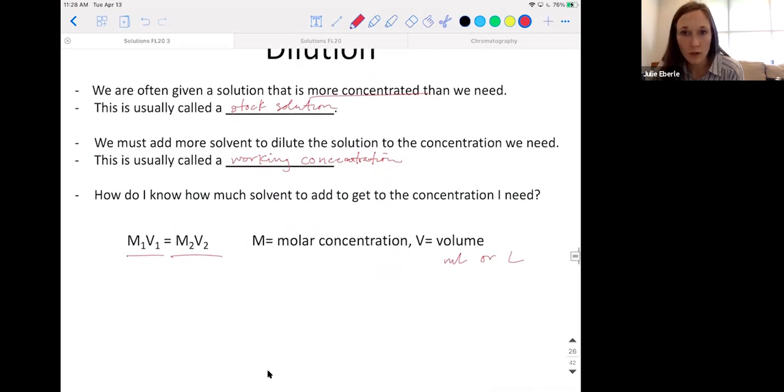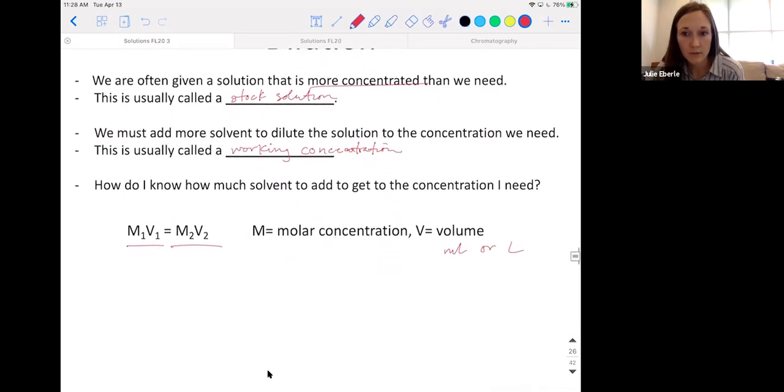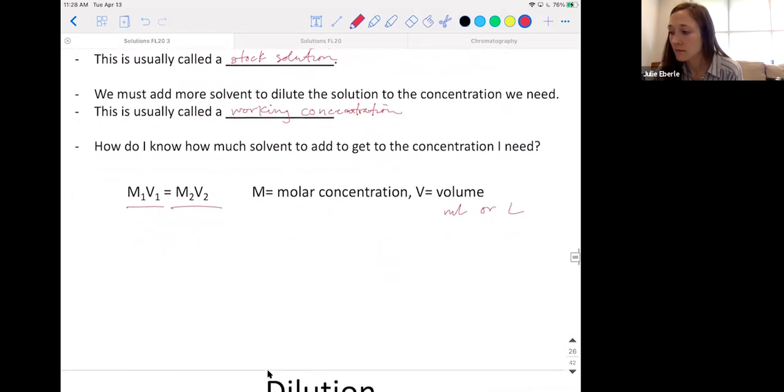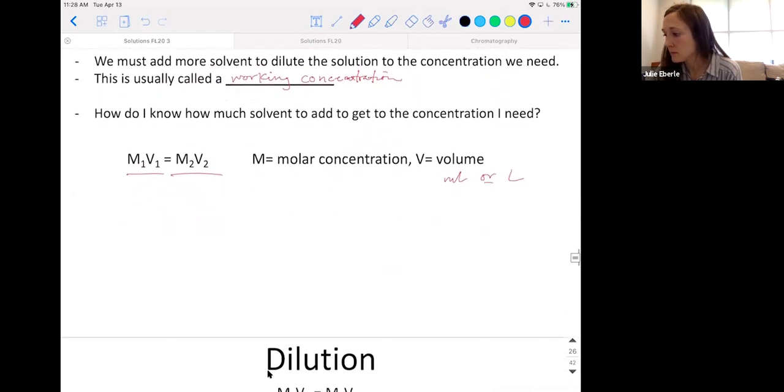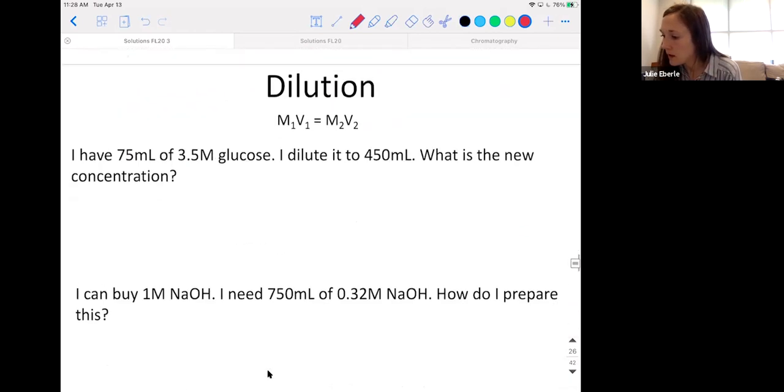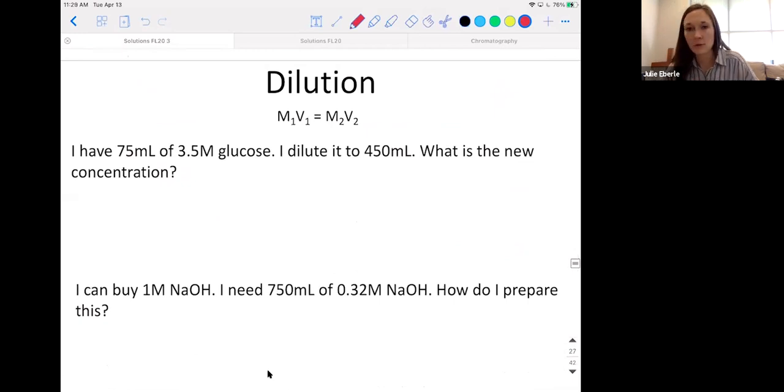All right, I think that's it for this slide. We're going to look at the next one and work a problem or two as an example. First one: I have 75 milliliters of 3.5 molar glucose. I dilute it to 450 milliliters. What is the new concentration? Here's what I suggest.